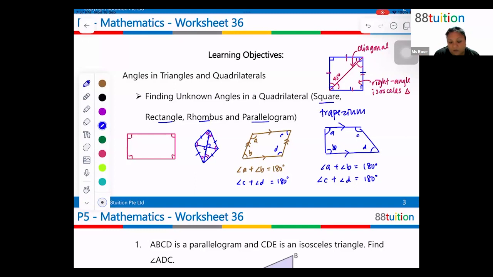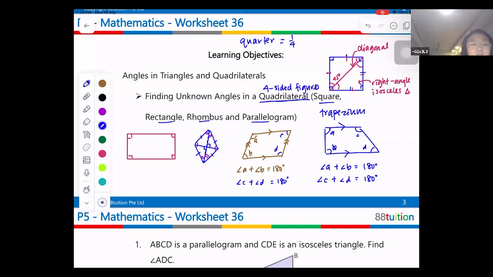Okay, so please take note of the properties of the different shapes, or the unknown angles in quadrilaterals. So why are they called quadrilaterals? Anyone? What does quad mean? Four. So that means quadrilateral will be four what? Four-sided figures.